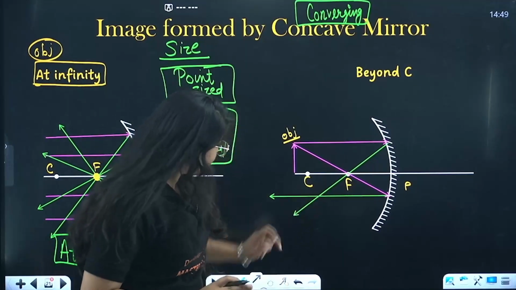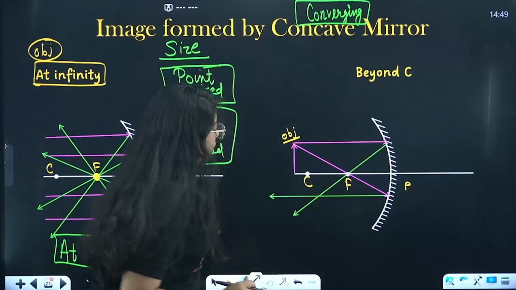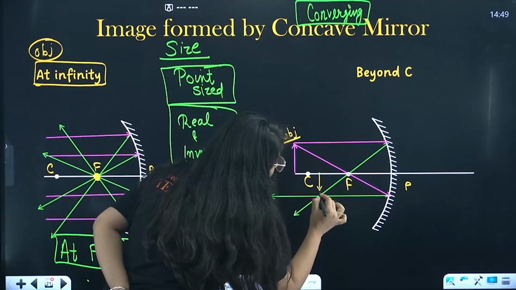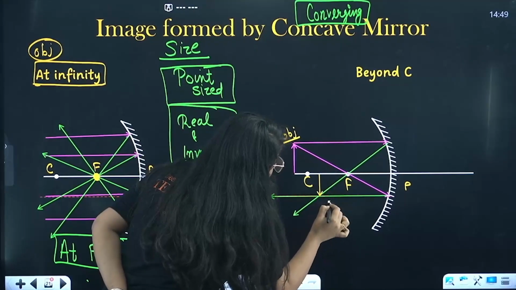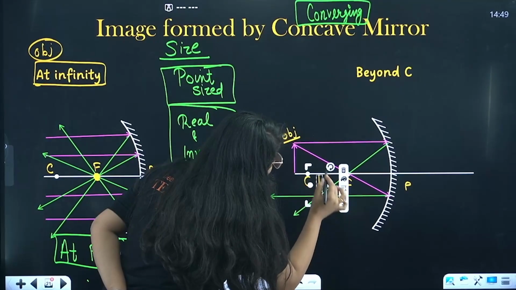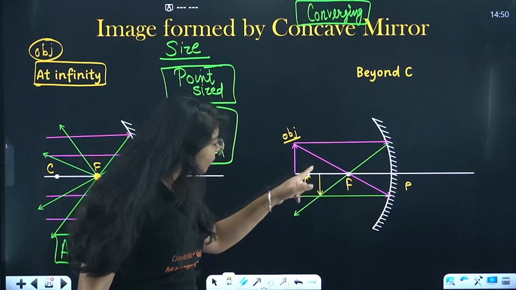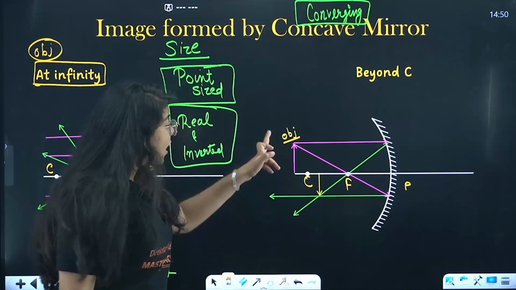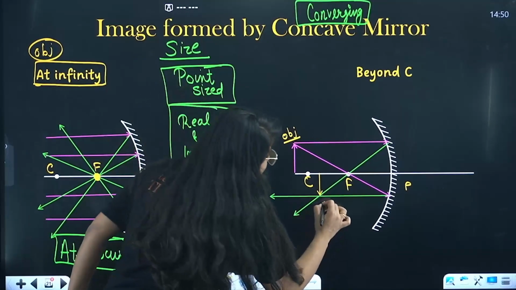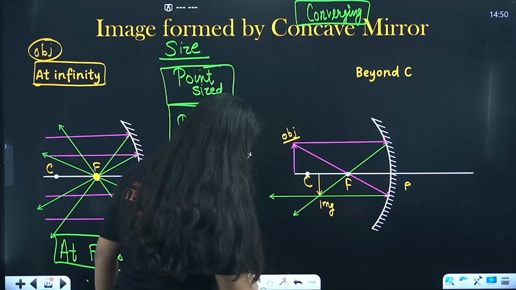Now the point where this is meeting is our image. So this beta is your image, and the image is between C and F, between center of curvature and focus. So when the object is beyond C, your image beta is between C and F.